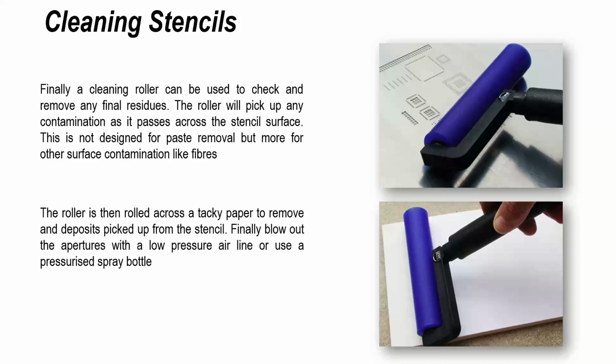Now, a secondary process you could use, but you only use this when nearly everything is off the stencil. So the stencil is intrinsically clean, but you can use sticky rollers. And really this takes off fibrous material and fibers from apertures, because remember, these apertures are quite sharp and they can easily catch fibers.